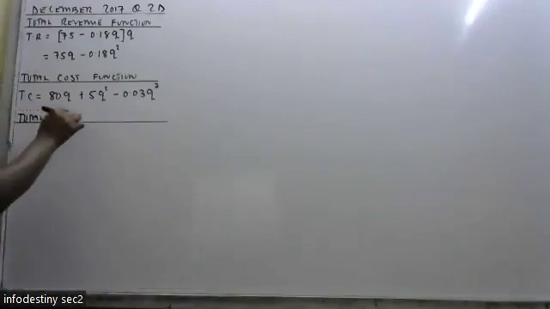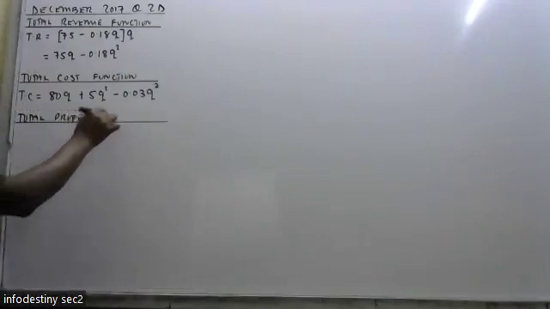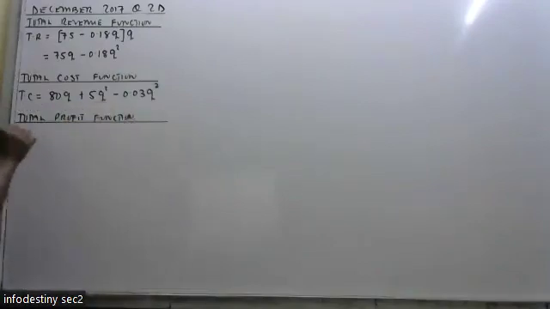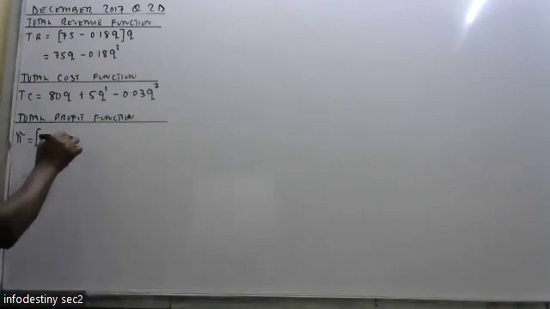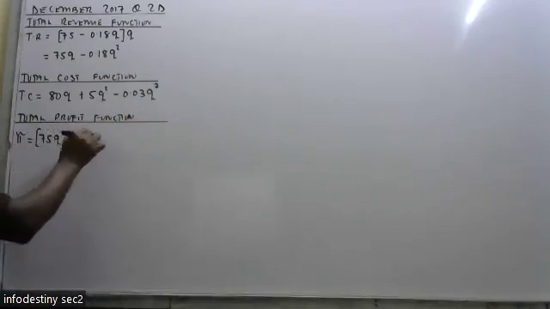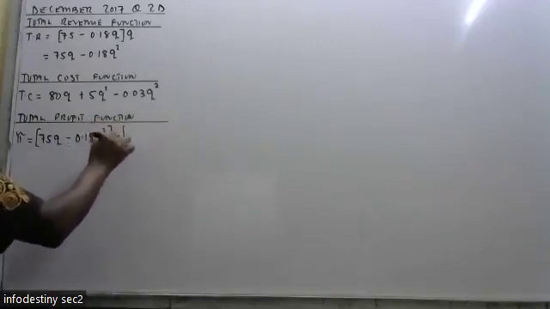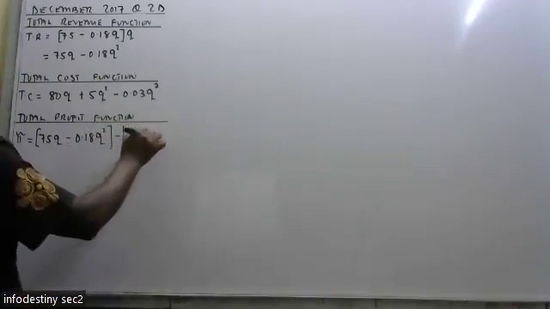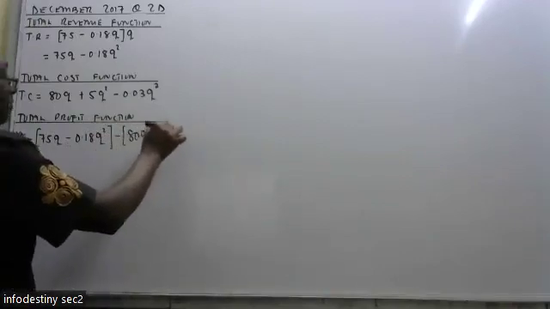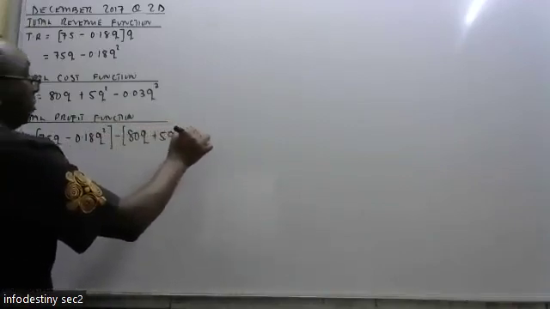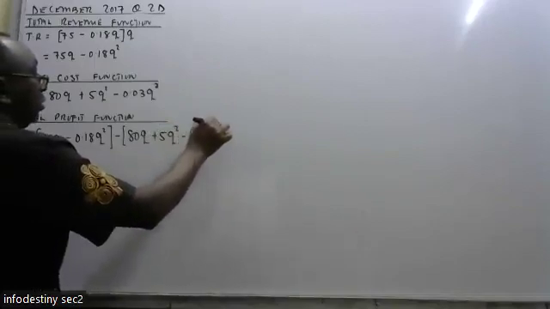Total profit function. Now pi, we know, is total revenue minus total cost, so it's 75Q minus 0.18Q squared, that is the revenue, minus the cost, 80Q plus 5Q squared minus 0.03Q cubed.